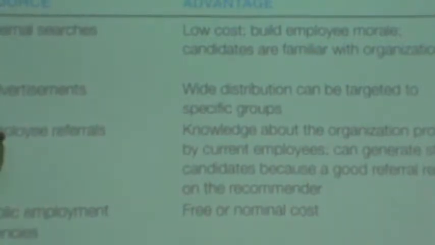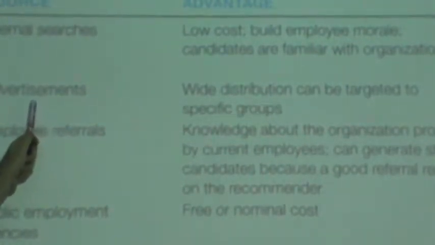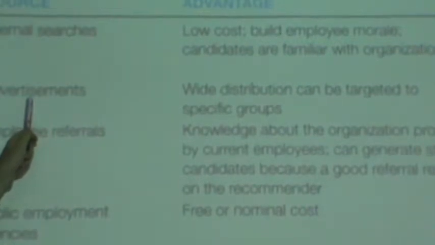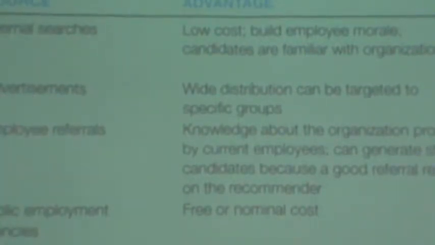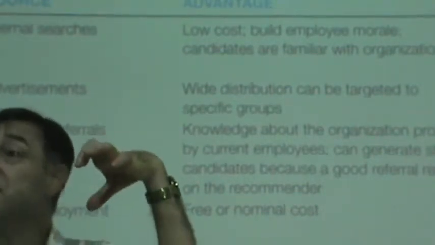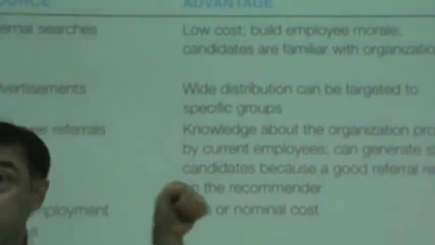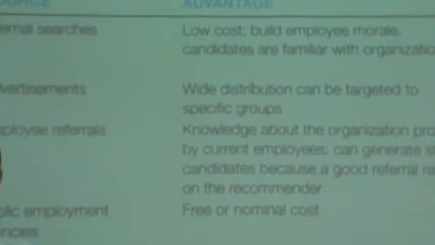So, another source is advertising, where you put an ad in the newspaper, on the radio, or on the internet. In economics, we have a special website called Job Openings for Economists.